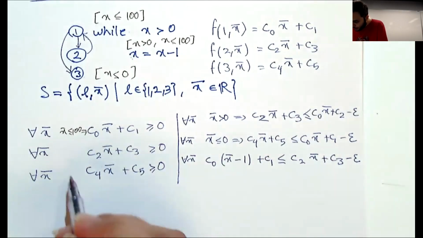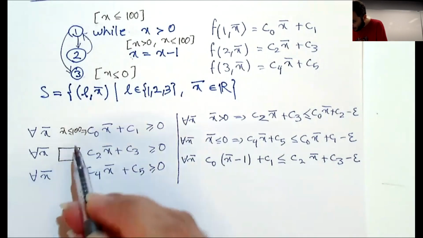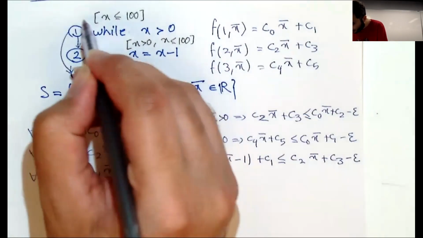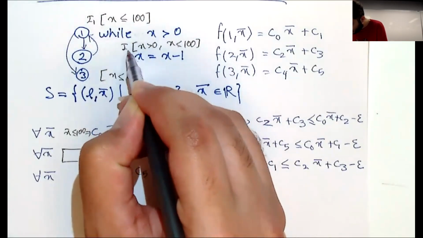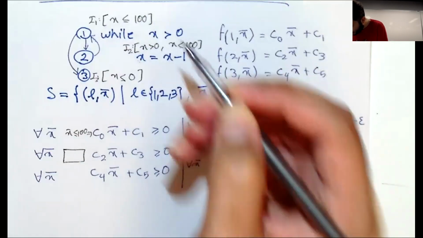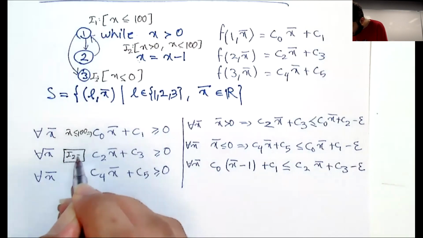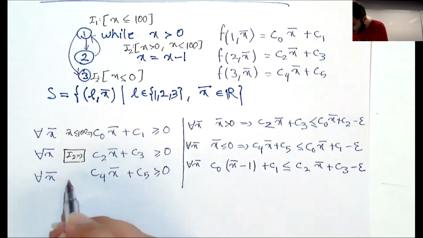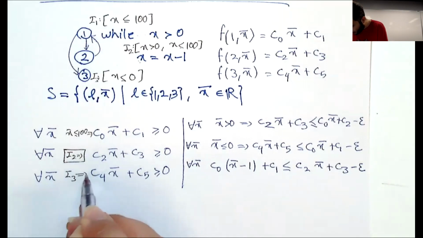Okay. Similarly here, I can add the invariant, this one. So let me call this I1, I2, and I3. So here, if I2, then this. Here I will have if I3, then this.